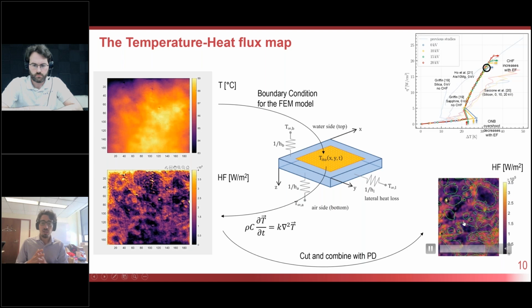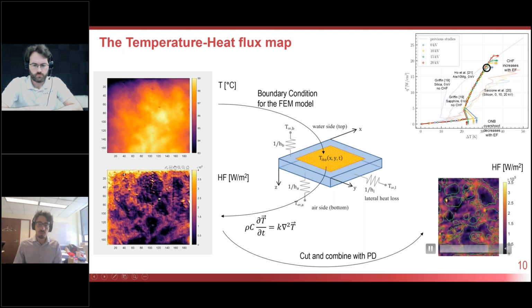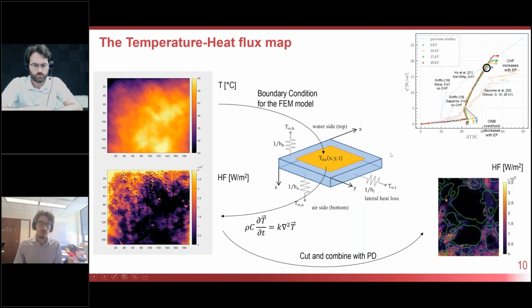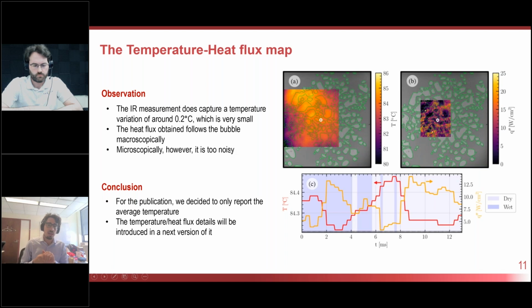heat flux. Now, unfortunately, the results are a little bit noisy, and this is because we are looking at a variation of temperature on the surface of 0.2 degrees, which we are recording at 3,000 frames per second.